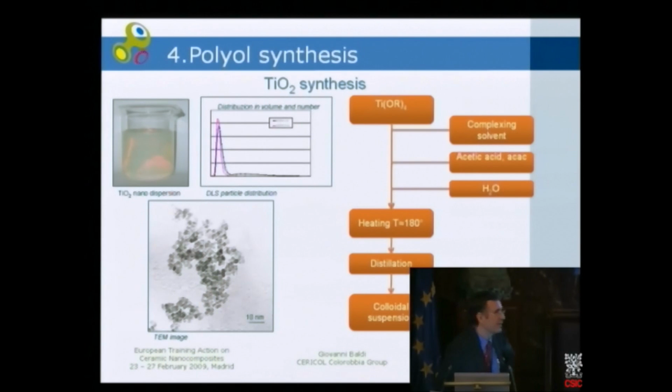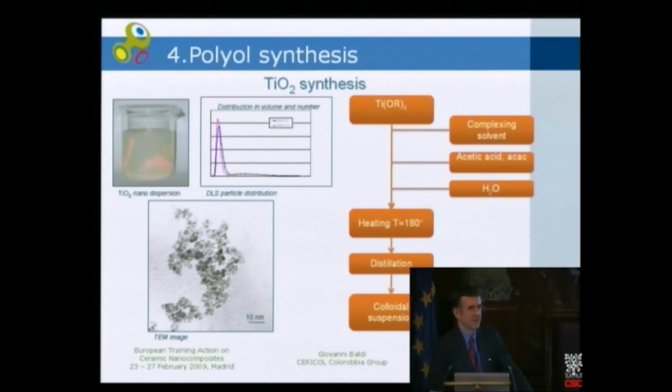With high resolution diffraction measurements, we are able to confirm the mineralogical phase of these particles is anatase, and this is very important for the photochemical behavior of these particles.